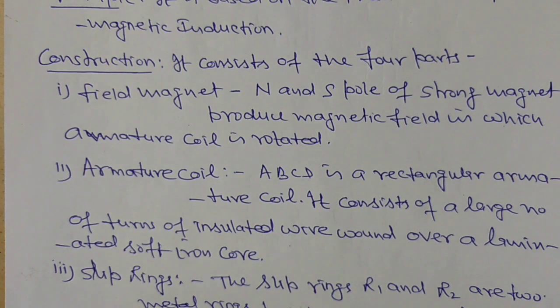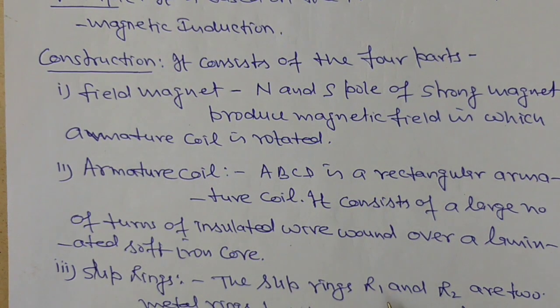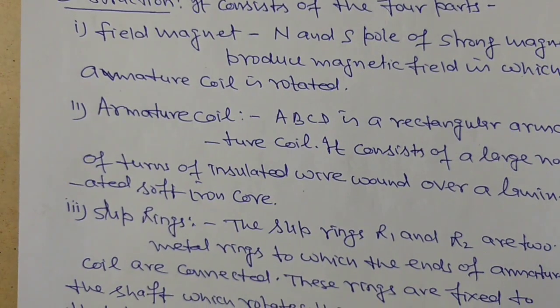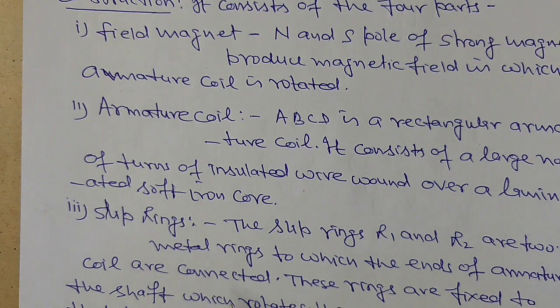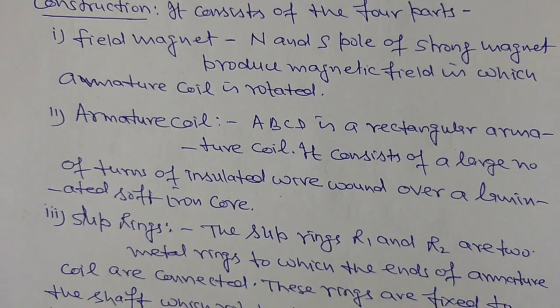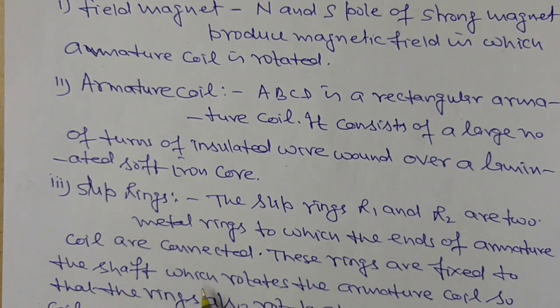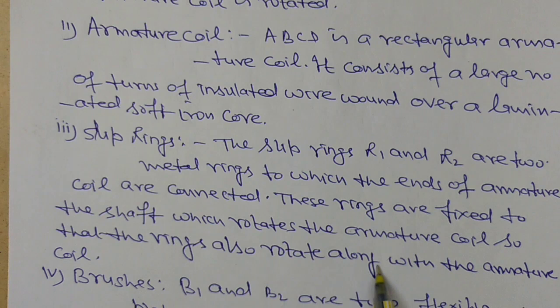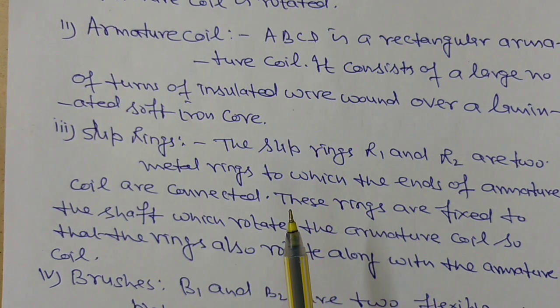Number three, slip rings. The slip rings R1 and R2, metal rings to which the ends of the armature coil are connected, and these rings are fixed to the shaft which rotates with the armature coil, so that the rings also rotate along with the armature coil.